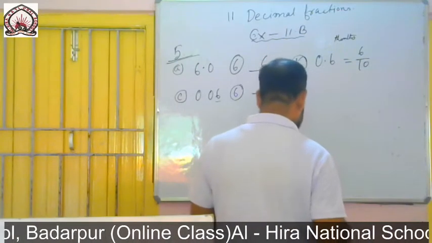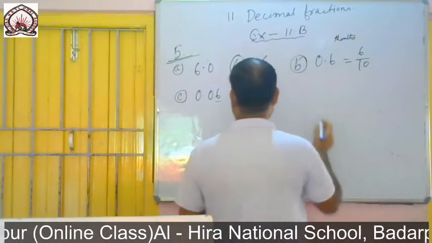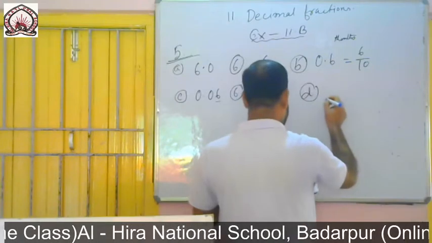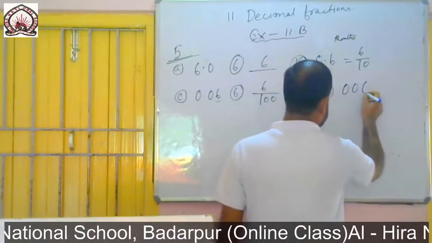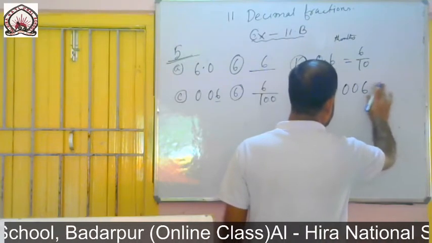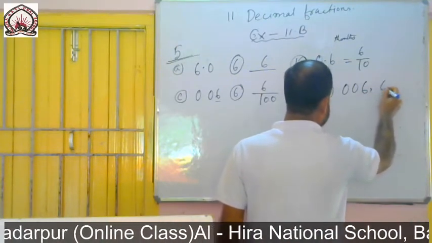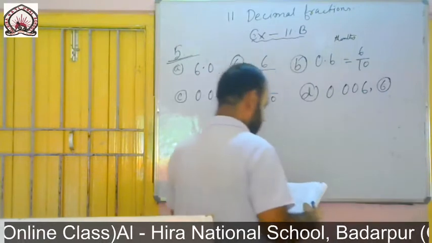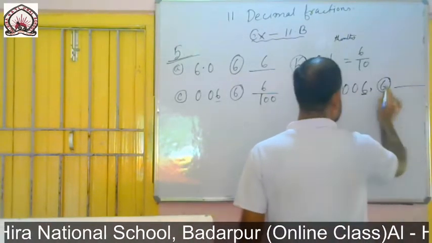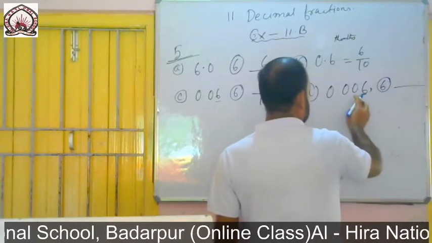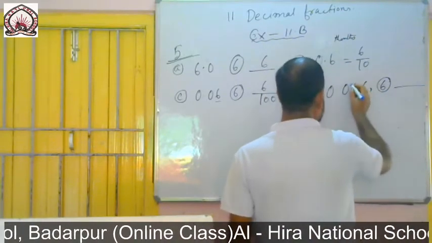Next, question number D, 0.006. So the place value of this 6 is what? The 6 is in what place?